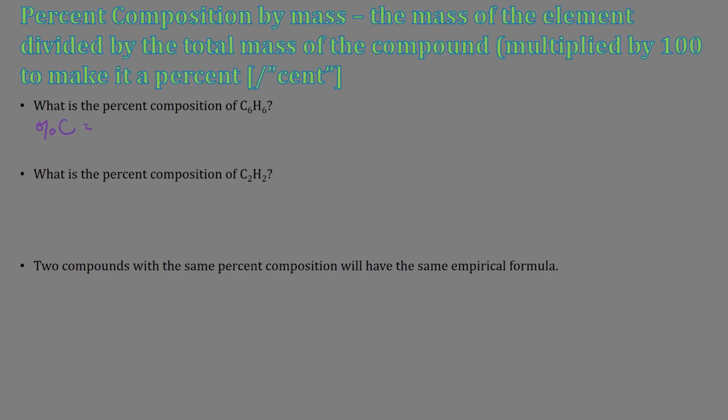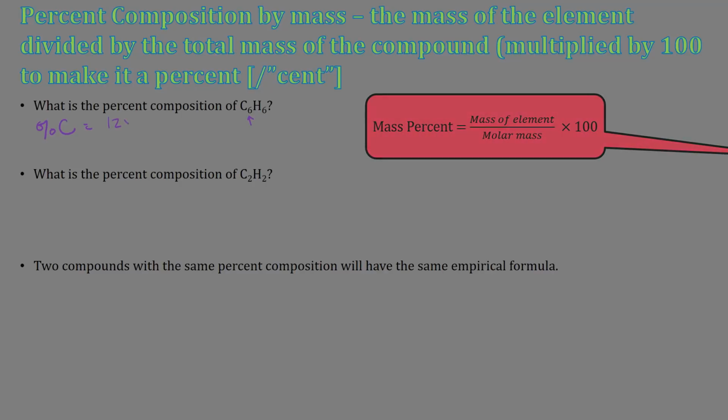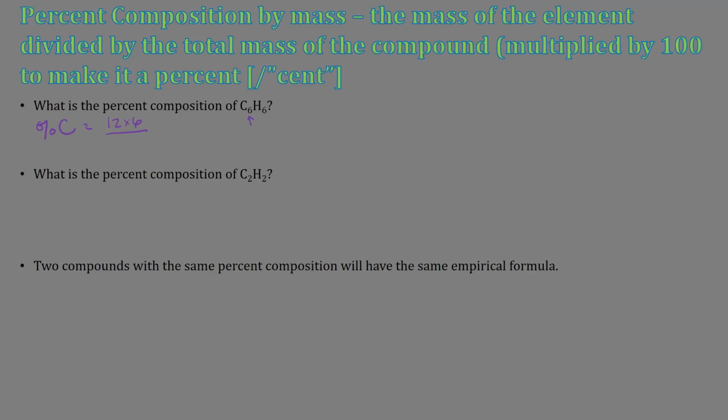So by using the mass of the element divided by the total mass of the compound, I've got 6 carbons in this compound, right? So each carbon is 12. So we want to figure out how much of the mass of that compound is of carbon. And then the total mass is going to be 78. So that's just the molar mass of the compound, right? We'd have carbon is 12 times 6, which is 72, plus 1 times 6, which would be 78.